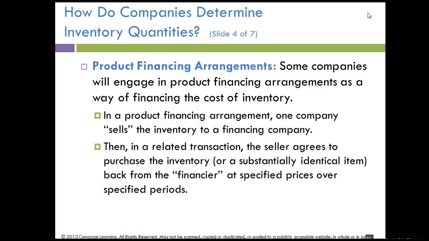So as we continue on with our PowerPoint, let's talk about product financing arrangements. There are companies out there that have a manner in which they try to finance their inventory.